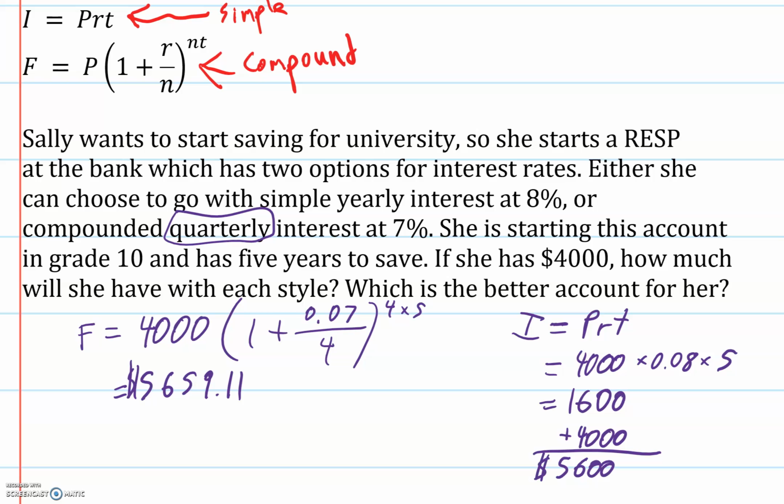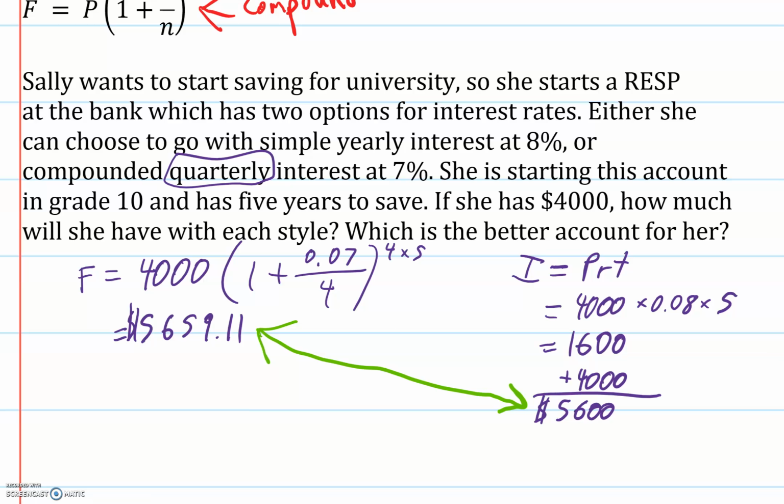Now we can compare our two situations. This is compounded and this one is simple interest. Which one is better, if it's just this exact situation without her putting more money in later? Our 7% interest rate is better because it's compounded.